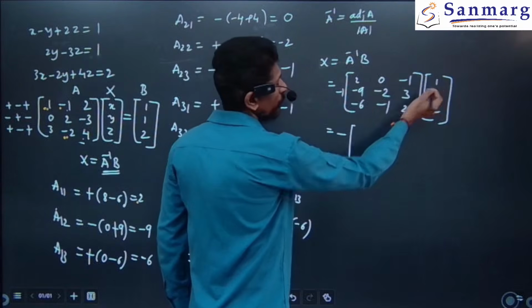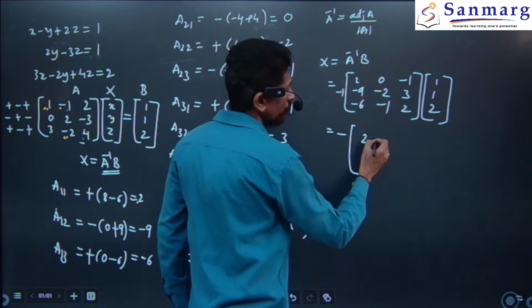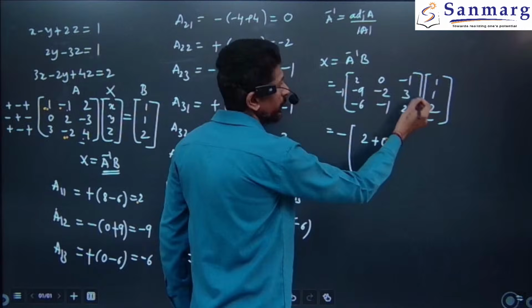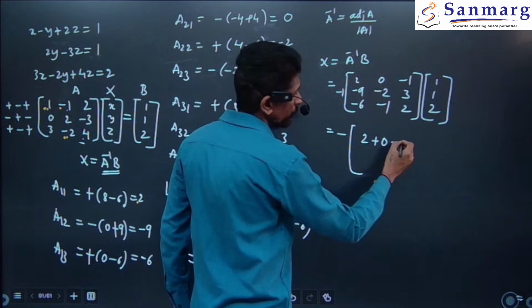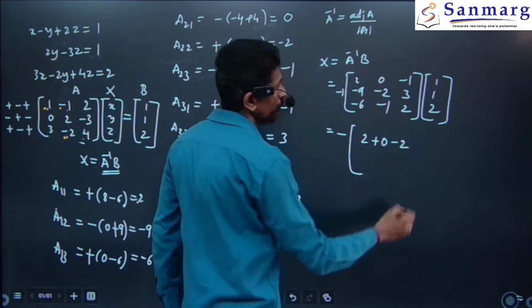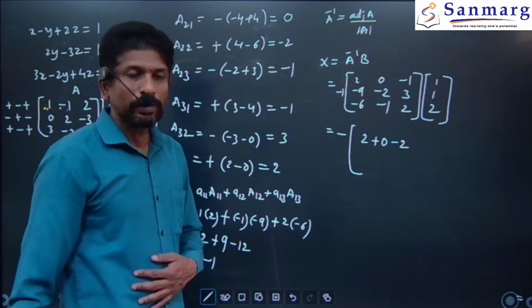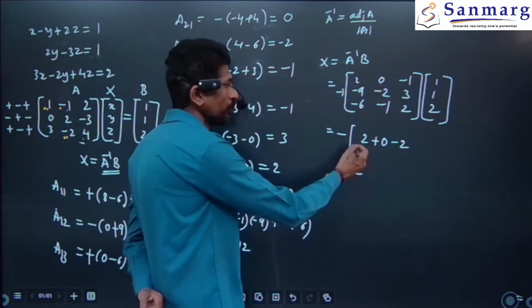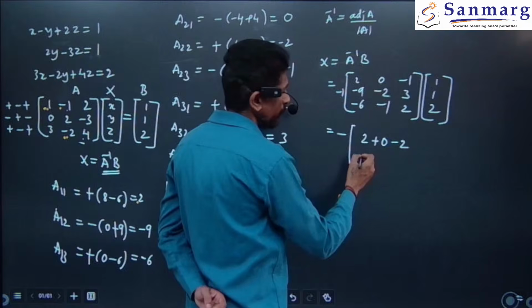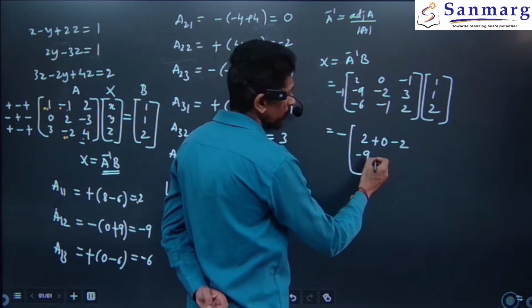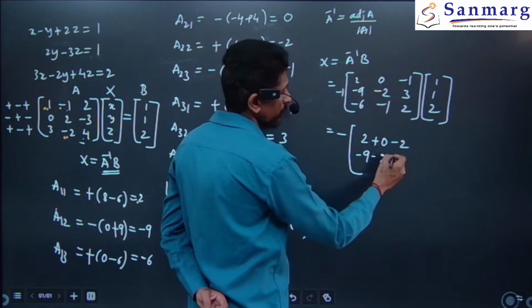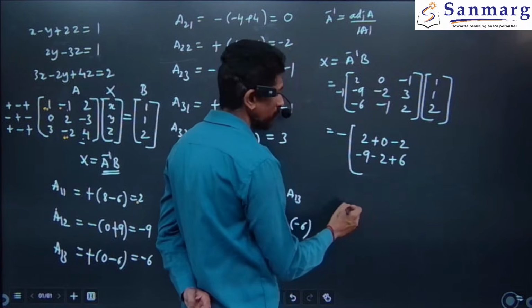Next, 2 into 1 is 2, 0 as it is, minus 1 into 2 becomes minus 2. The first one is 2 minus 2. The second one is minus 9 into 1 is minus 9, minus 2, next 3 2s are 6.